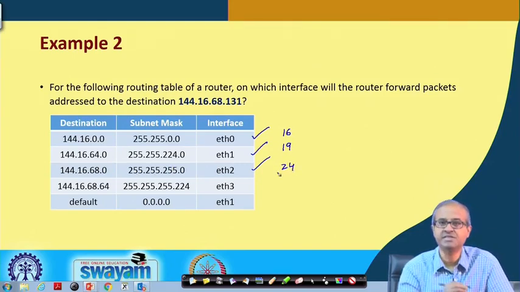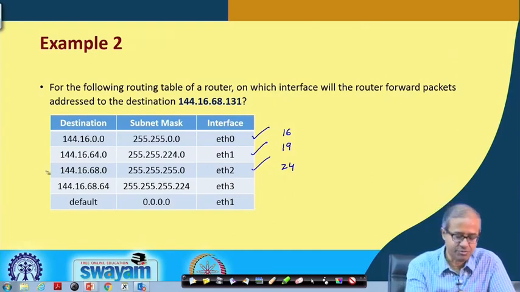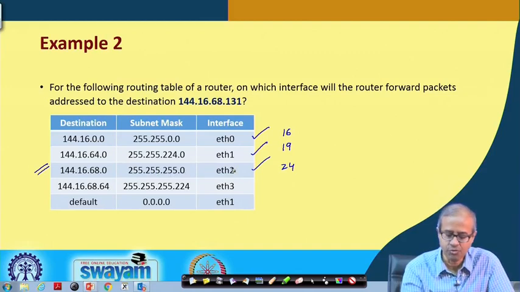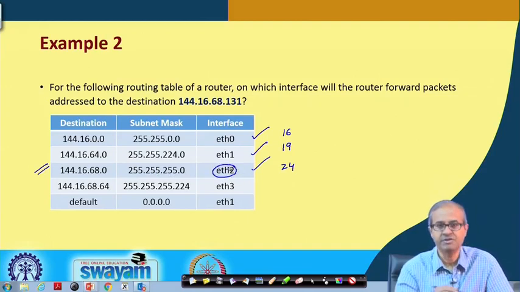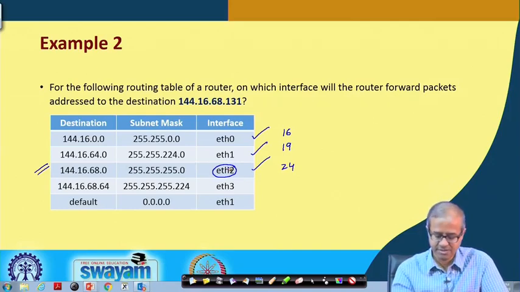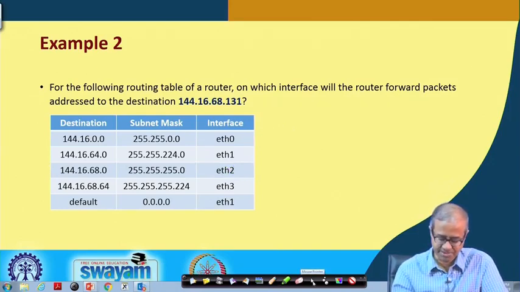So, the third one is the longest prefix. Ultimately the match will be identified for the third row and the packet will be forwarded to this ETH2 interface. This is how the packet forwarding will take place.